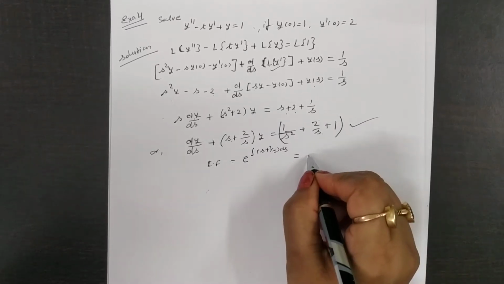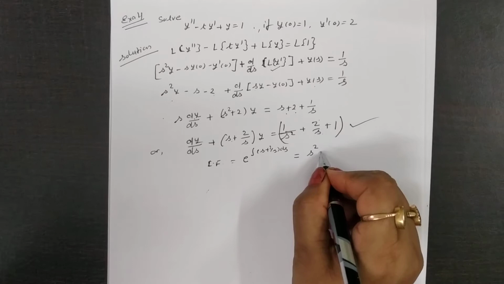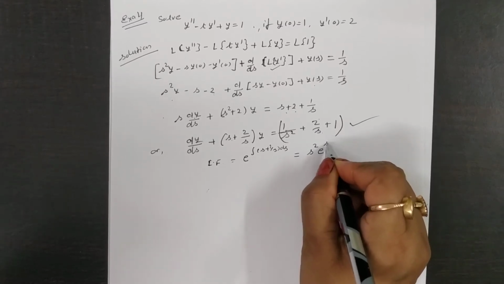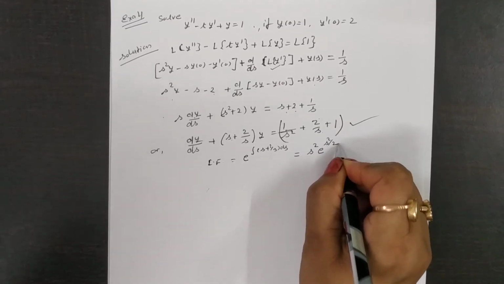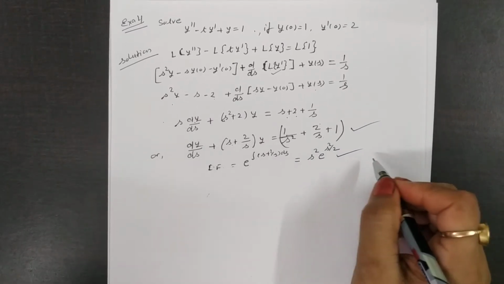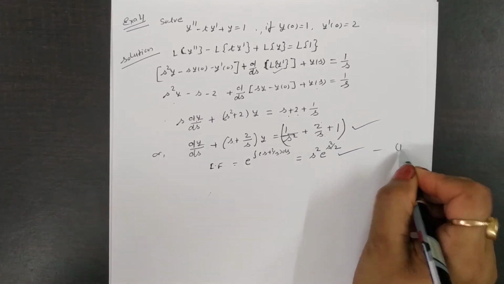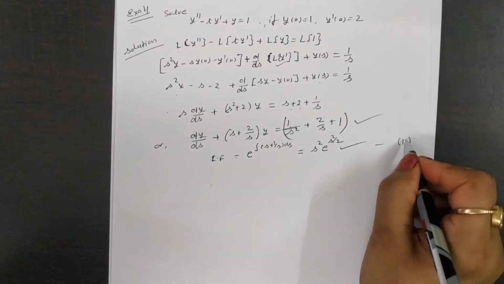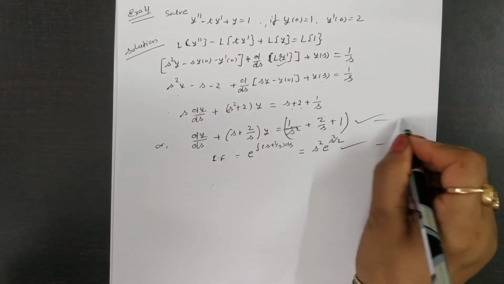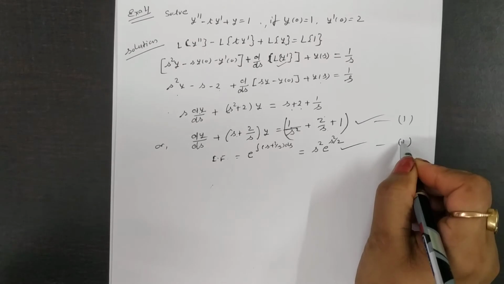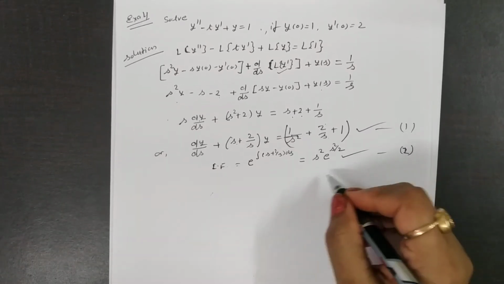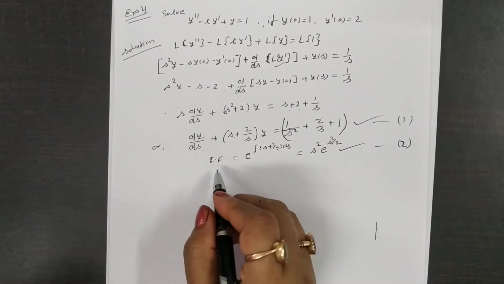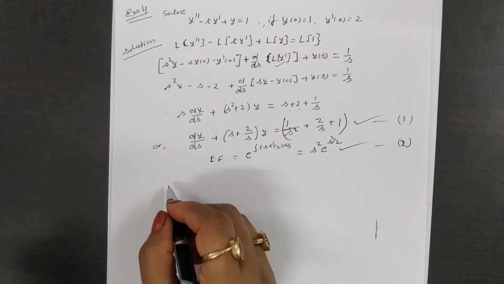So you get s square e to the power s square by 2. Clear? Let us suppose this is equation 1, and the integrating factor is substituted, and now we get the result.